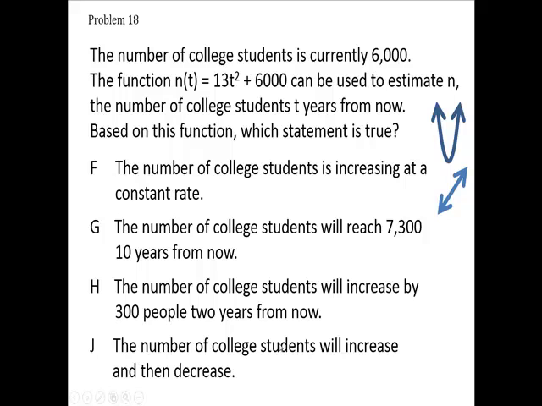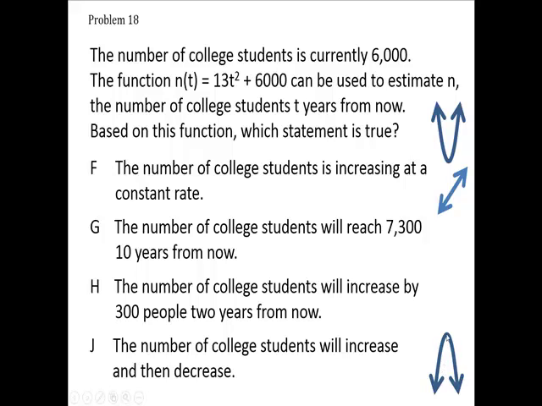And then J, the number of college students will increase and then decrease. Well, increasing means it looks like it's going up, and decreasing means it's going down. So this is not the kind of parabola we have, is it? Ours could possibly decrease and then increase, or it will just increase. It's certainly not going to increase and turn around and decrease.